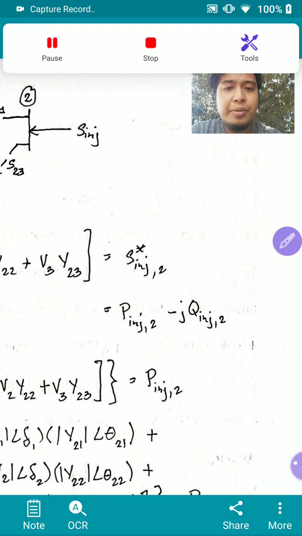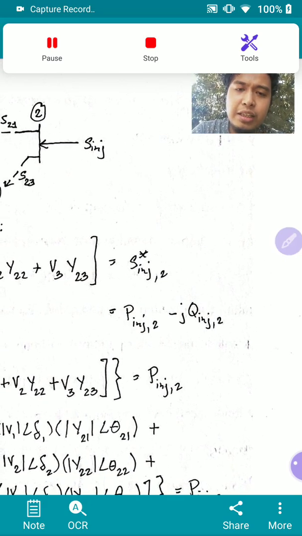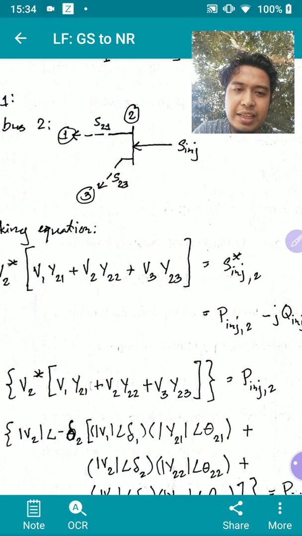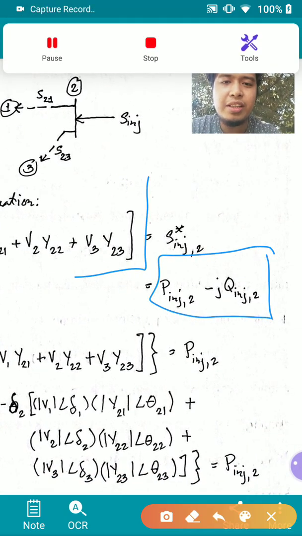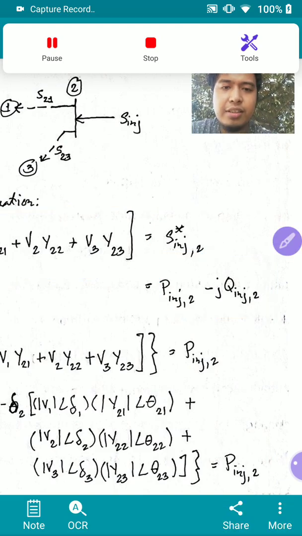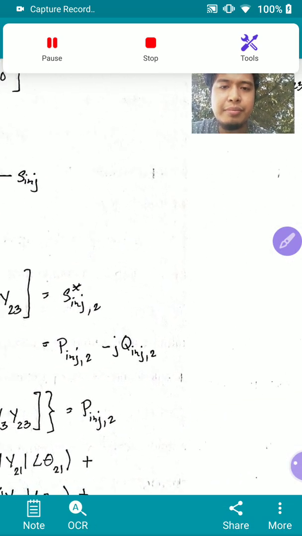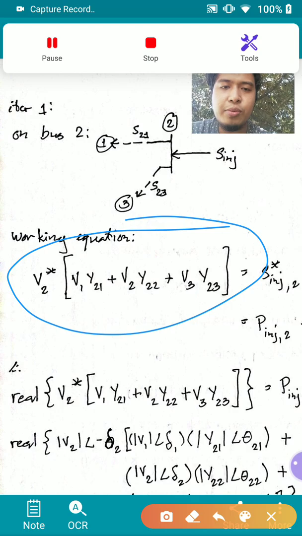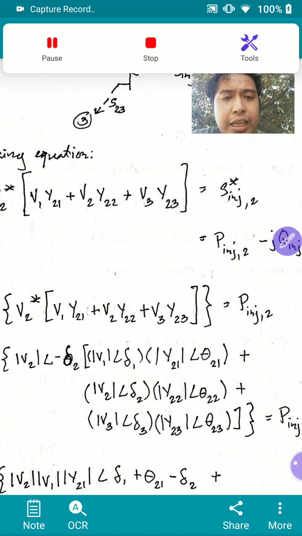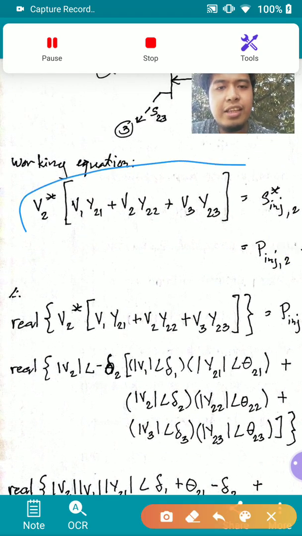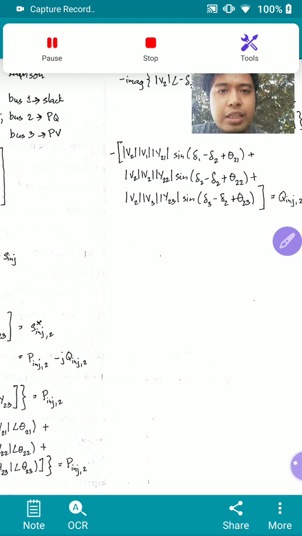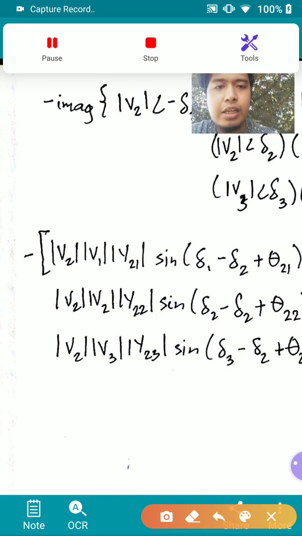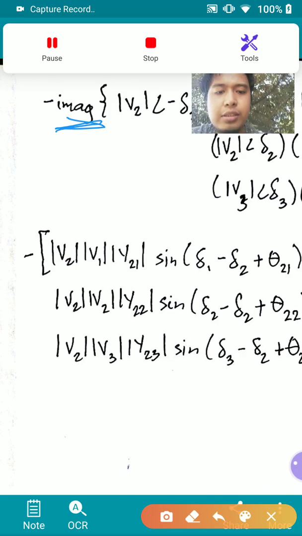Okay, so I think we may agree that if this is equivalent to this whole term, then I can further dissect this into a real component and an imaginary component.